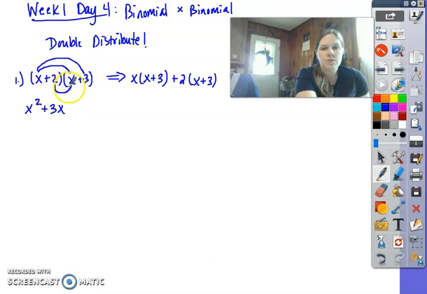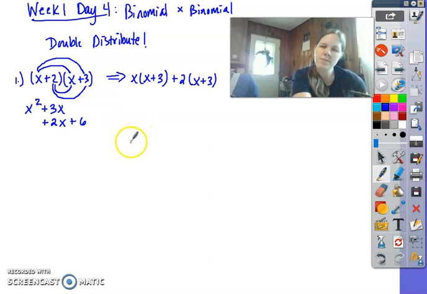So first I'll have 2 times x. I'm going to put it underneath the 3x. Any ideas why? Because it matches the like term. So 3x and 2x are combinable because they're like terms with that x on it. My other loop on the bottom will bring my 2 to the 3. And 2 times 3 is 6.